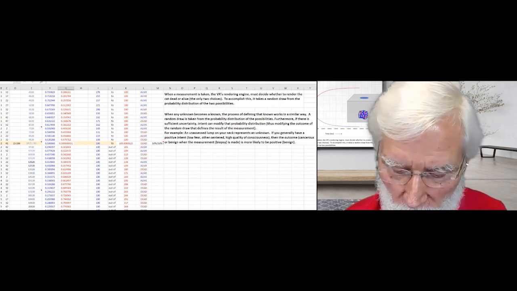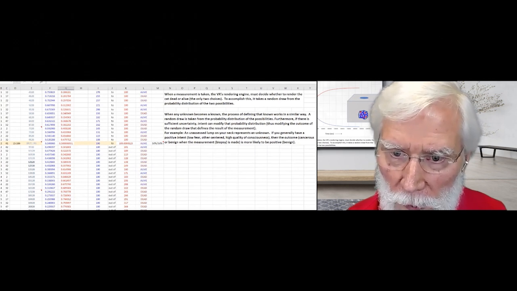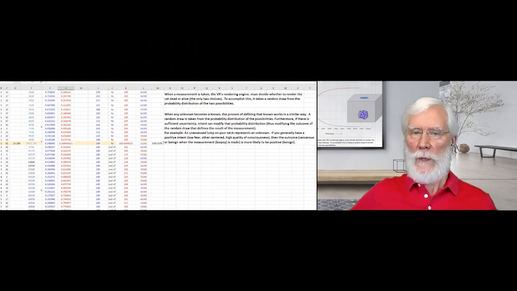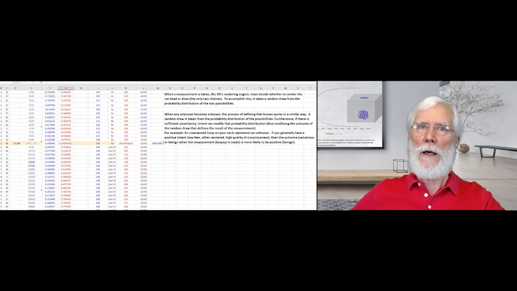Another one, another one, another one. See how that works? These are all random draws. So it's not guaranteed at any particular time that the cat would be either dead or alive. Even the very first second, if that very first particle out of that source hit that Geiger counter, the cat would have died in the first second.